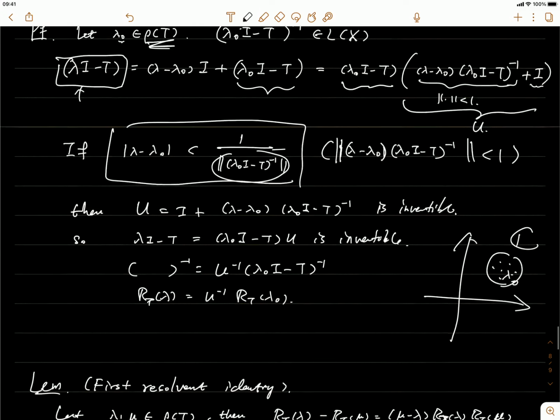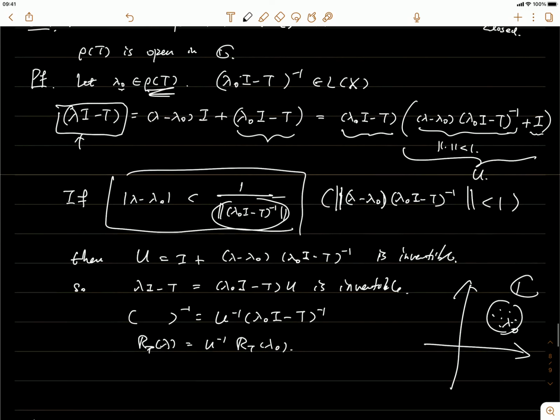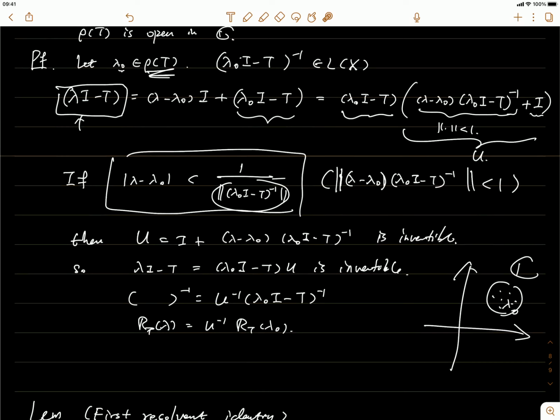remember how we proved this? This is my lambda, and this is my lambda naught. So I take the norm of the inverse. It will be bounded by the norm of this times the norm of this.